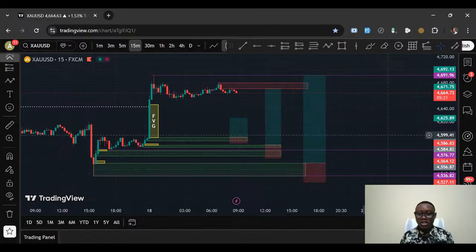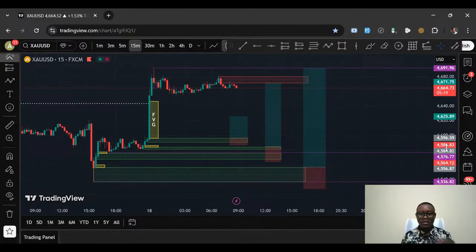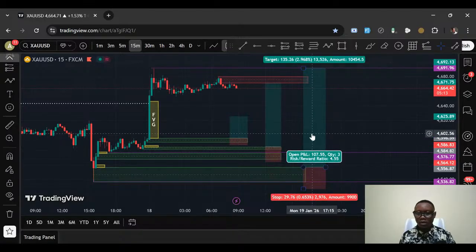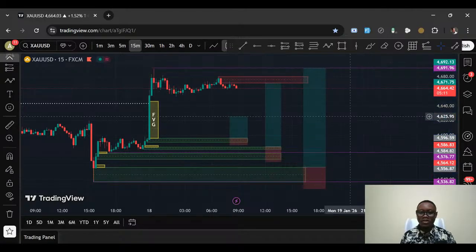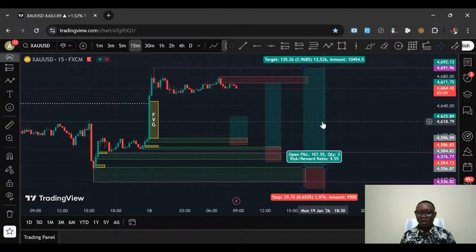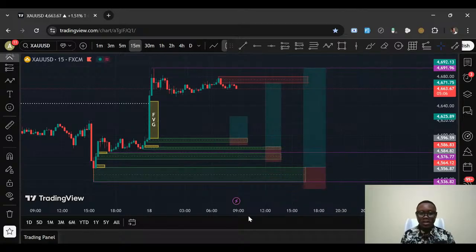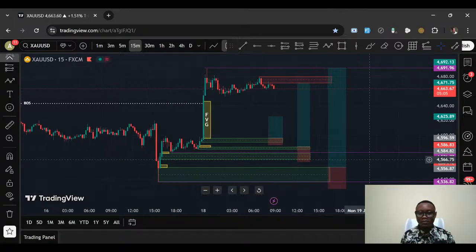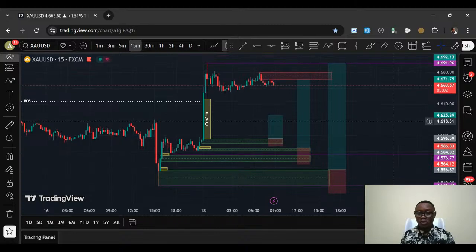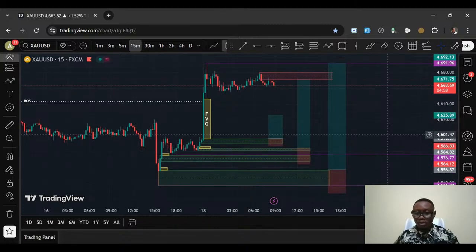All right, so this is my analysis for XAUSD. I'll share this on the free signal Telegram channel, and also include the coordinates, so we can monitor the price. When price gets to this zone, we are going to execute our trade.